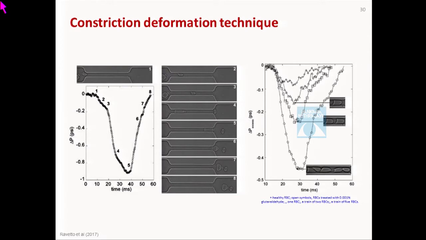And then once it comes out, the pressure comes back. And people have tried to do that for various types of cells. So you have these single RBCs, and people have tried to treat RBCs with something like diamide and glutaraldehyde, etc., which basically tend to stiffen red blood cells, and seen these pressure-time characteristics.